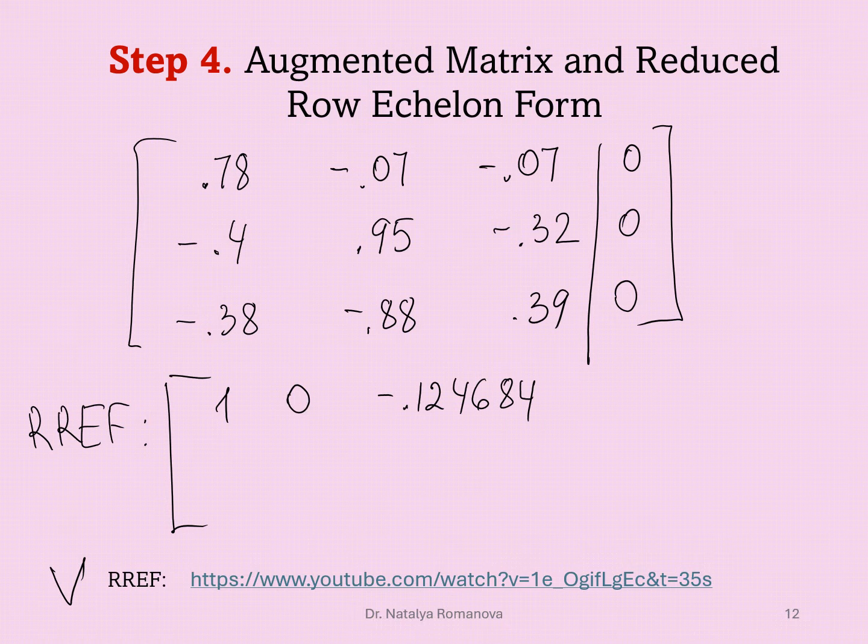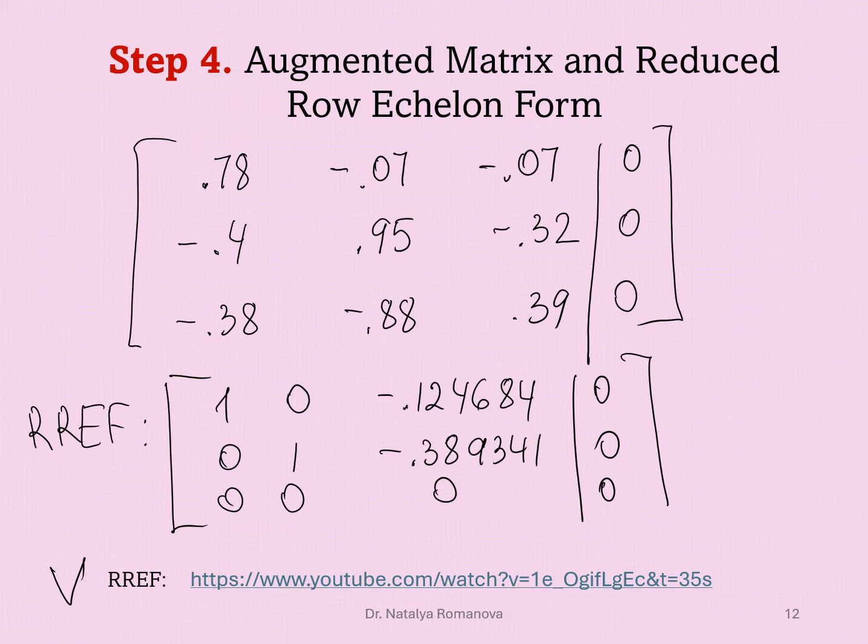The second row I have 0, 1, negative 0.389341, 0, and the last row 0, 0, 0. You can see we have the last row 0, 0, 0, so it is a dependent matrix and we have to write the answer in parametric form.